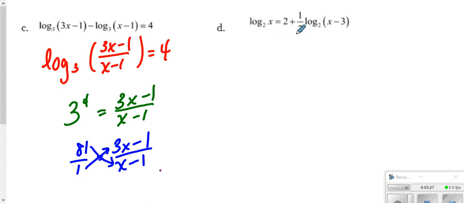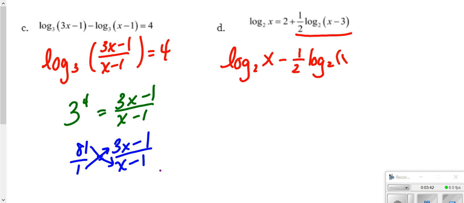Okay, over here what I would do is try to have the logs get together with each other, because right now they're on different sides. So I have the base 2 log of x, and then I'm going to subtract this whole chunk over to this side and leave my plain 2 right there. This 1/2 could be rewritten as an exponent because of log properties, and subtraction means to divide because of log properties.